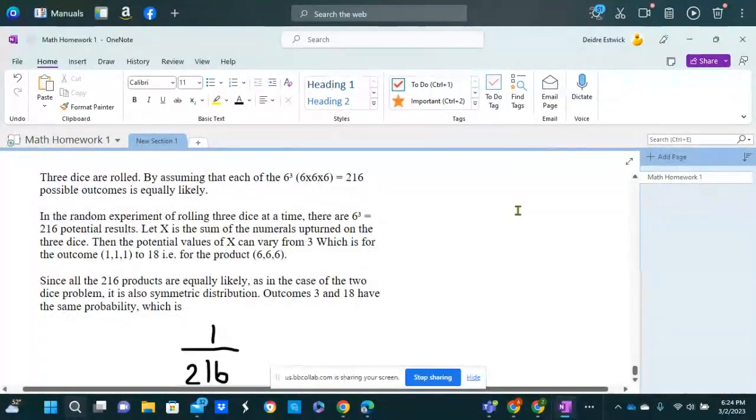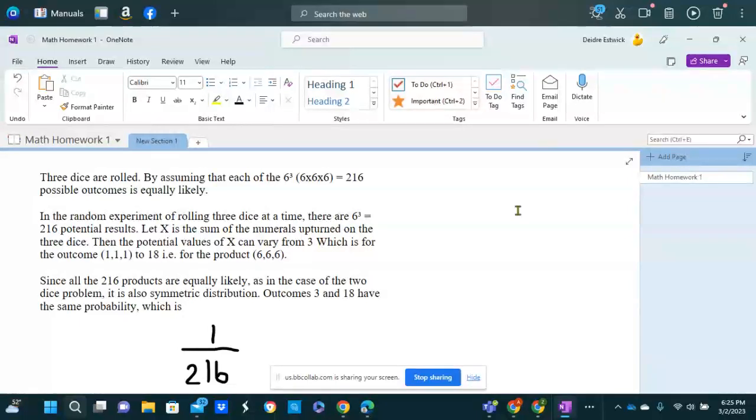So in the random experiment of rolling 3 dice at a time, there are 6 to the power of 3, 216, potential results. Let x equal the sum of the numerals upturned on all 3 dice. Then the potential values of x can vary from 3, which is for the outcome 1, 1, 1, to 18, that is for the outcome 6, 6, 6.